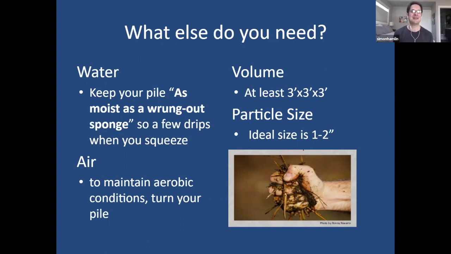So there's a lot of different ways that you can be creative with that to get your particle size down to 1 to 2 inches, because obviously if you put a big branch in there, or other big particles, it's going to take a lot longer to decompose. So we can go on to the next slide.